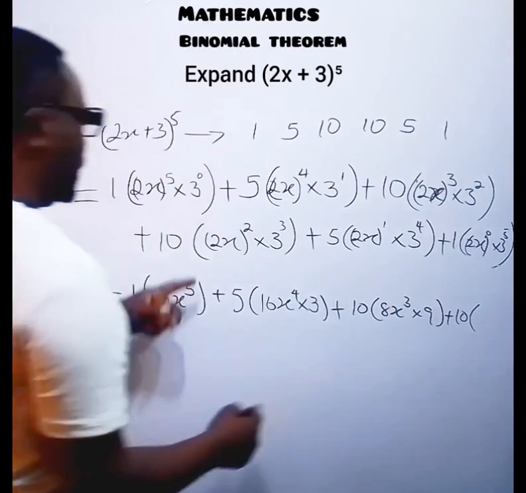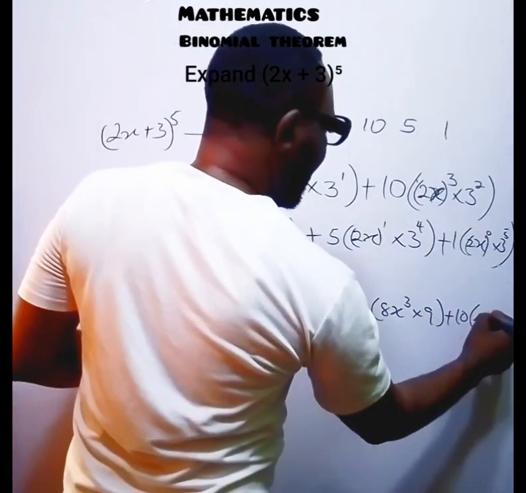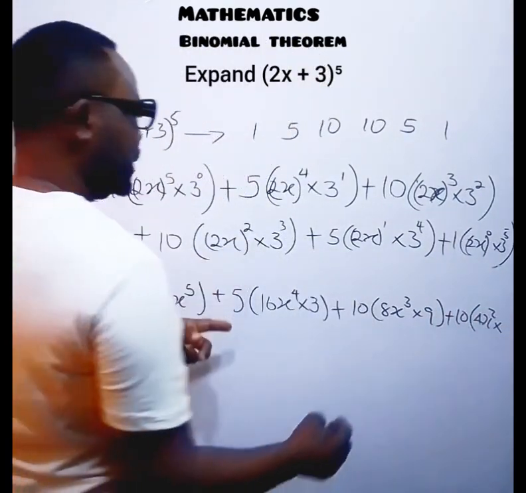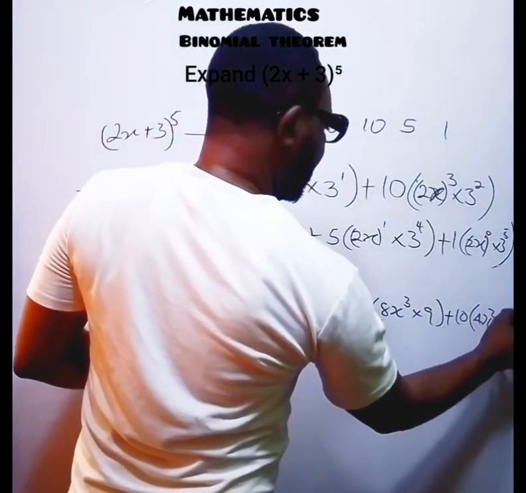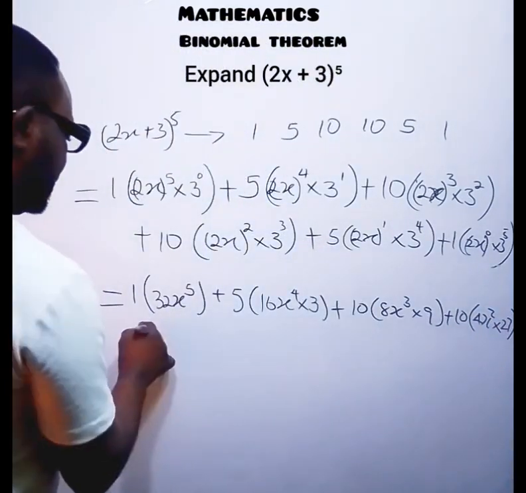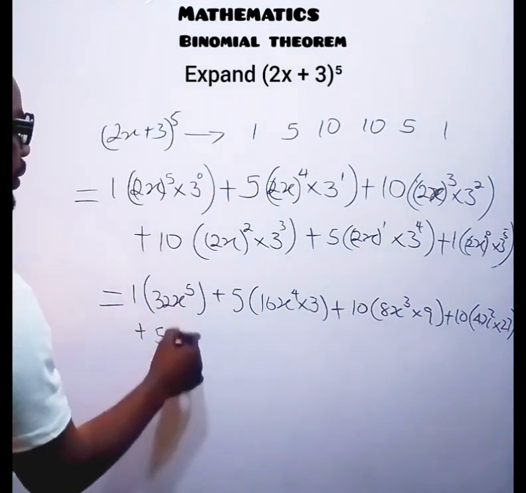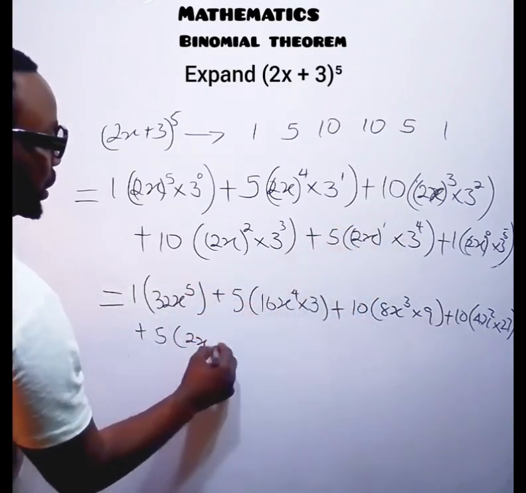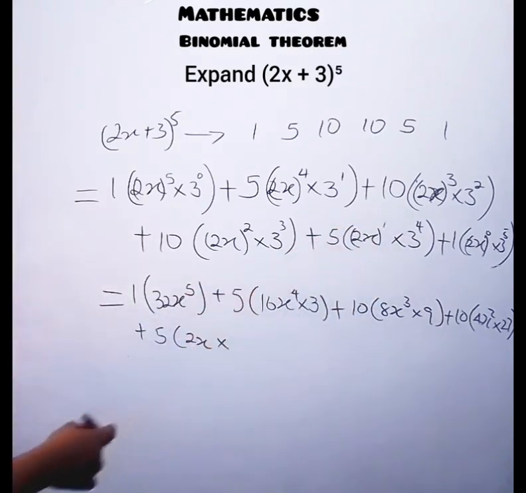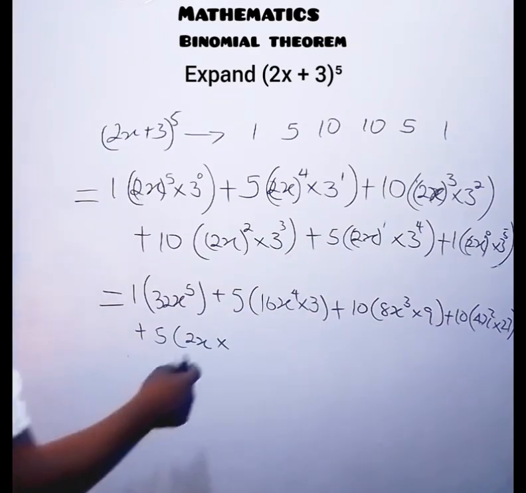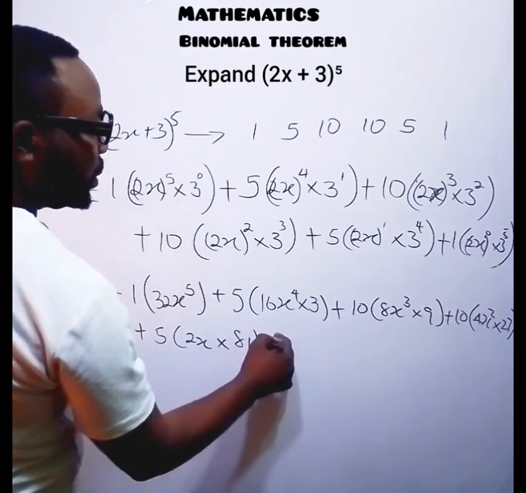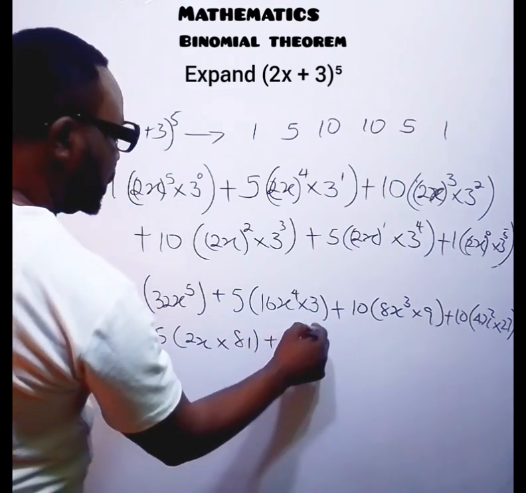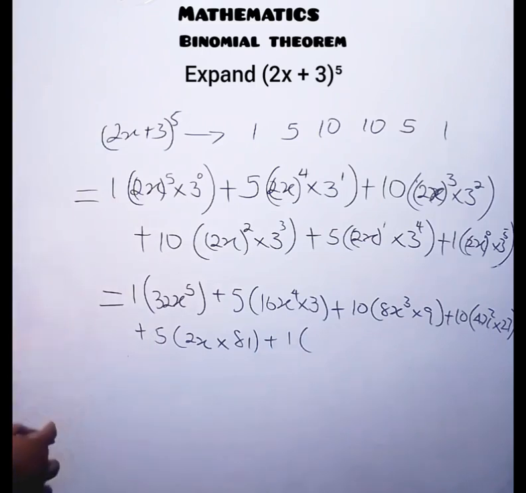Plus 10 into 2 raised to the power of 2, that is 4x squared, multiplied by 27, plus 5 into 2 raised to the power of 1, that's 2x, multiplied by 3 raised to the power of 4, that's 3 times 3 times 3 times 3, 9 times 9, that's 81, plus 1 into 2 raised to the power of 0 is 1, x raised to the power of 0 is 1.